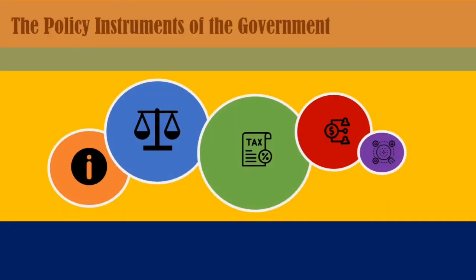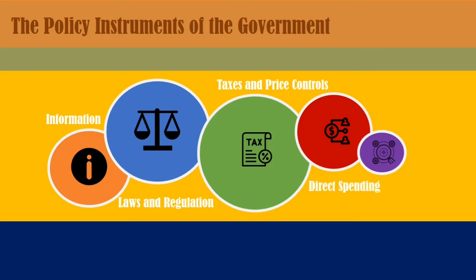These policy instruments include information, laws and regulations, taxes and price controls, direct spending or investments, and of course, research. Now let's define population policies.